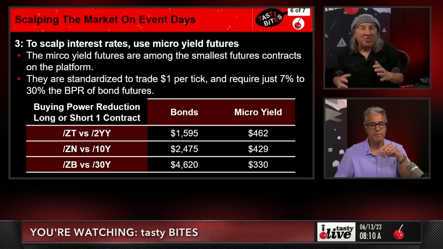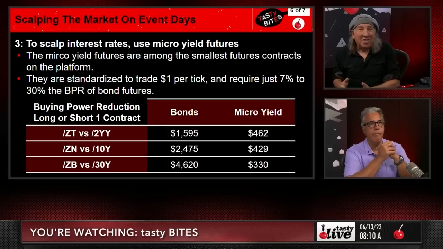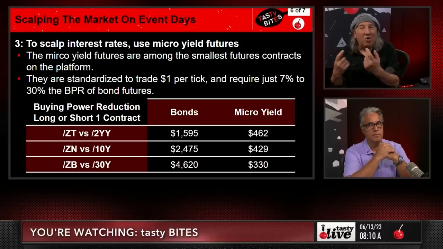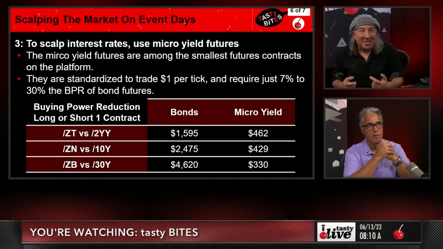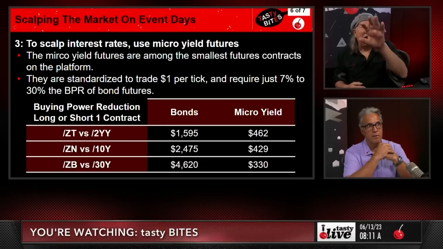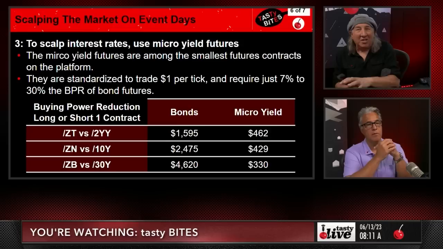When you trade 2s versus 10s using the yield, or 2 versus 30, you do them 1-to-1. If you're doing ZT by ZN, you do it 1-to-2. If you're doing ZT by ZB, you do it 1-to-3, based on the buying power reduction, the capital required. That's your multiplier. But if you're doing the micro yields, it's all 1-to-1.